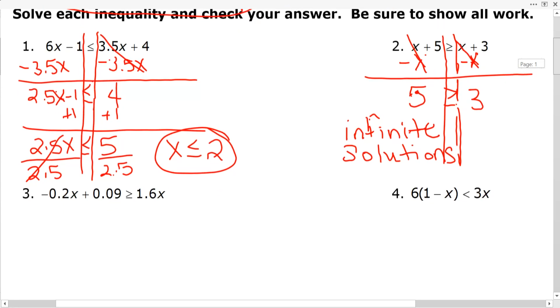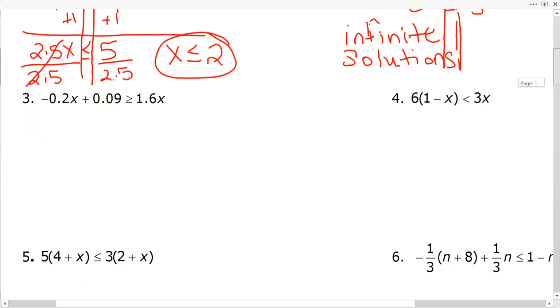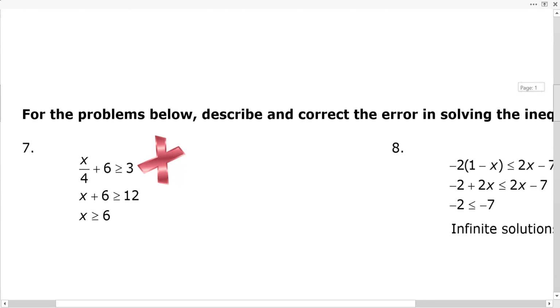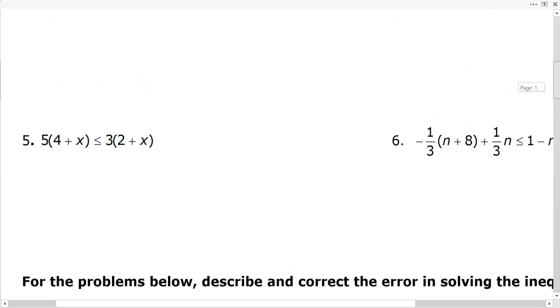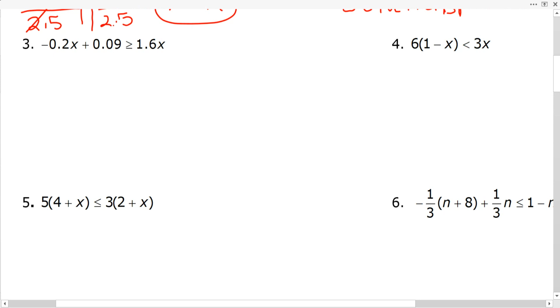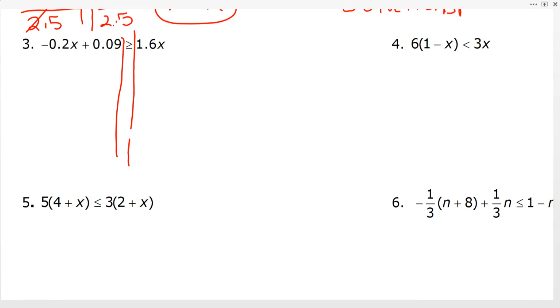Move down to number 3. Ooh, too far. Okay. Anytime you're doing these videos, you can pause it and work the problem out yourself and then check it by watching the video again. So here we are drawing our railroad tracks. I'm subtracting, well, I have a couple options. I'm going to add 2/10x to both sides.